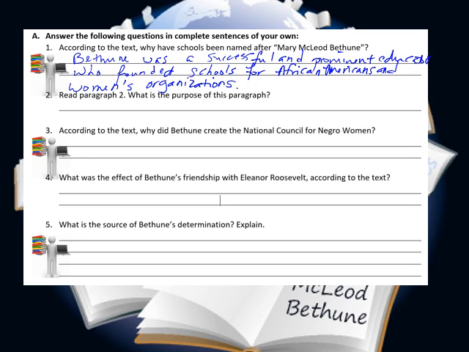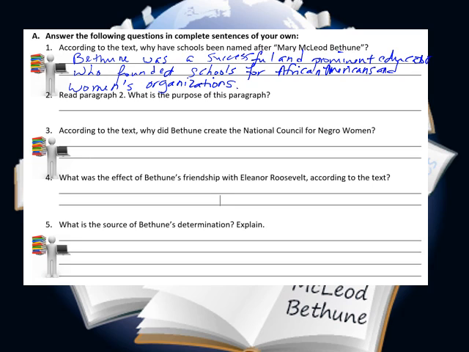Okay, the next question, go ahead, Lian. Read paragraph 2. What is the purpose of this paragraph? To give the reader information about the past life of Mary Bethune. Okay, who would like to add to this? I wrote it to inform the reader about Mary McLeod Bethune.